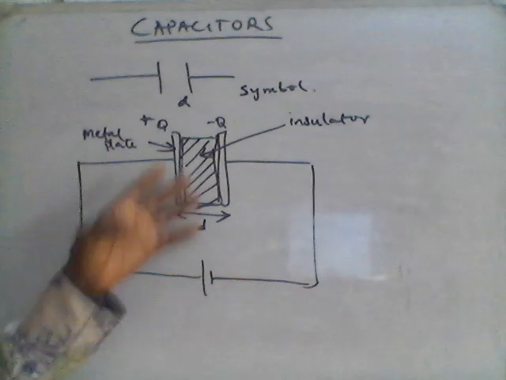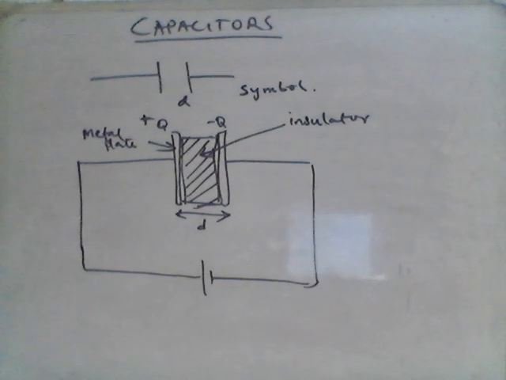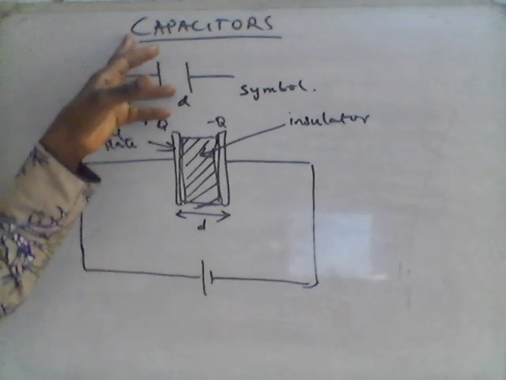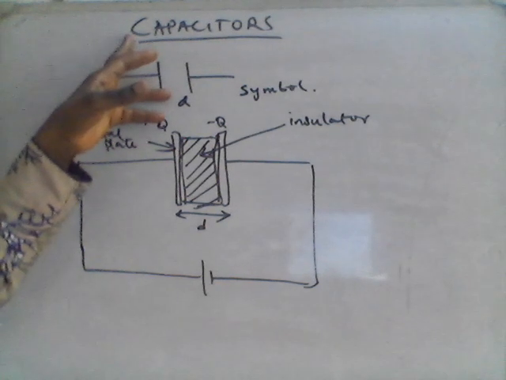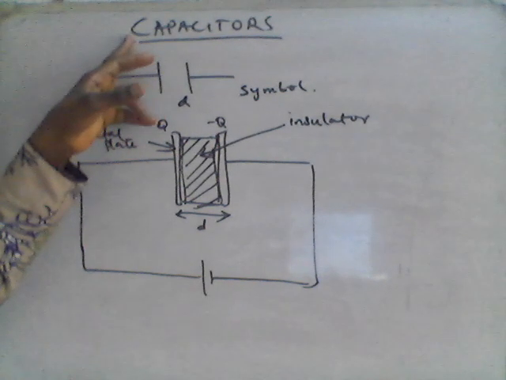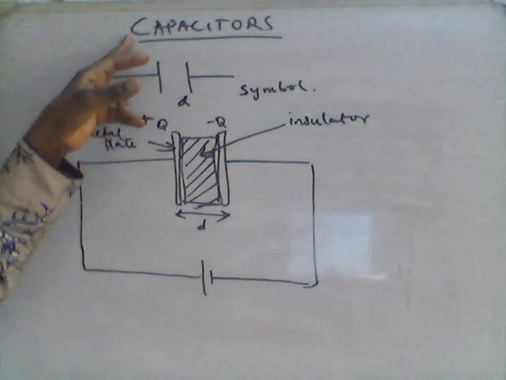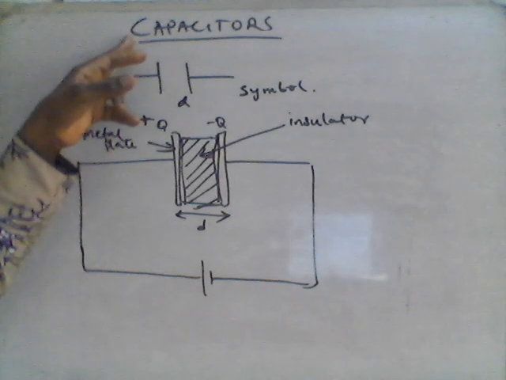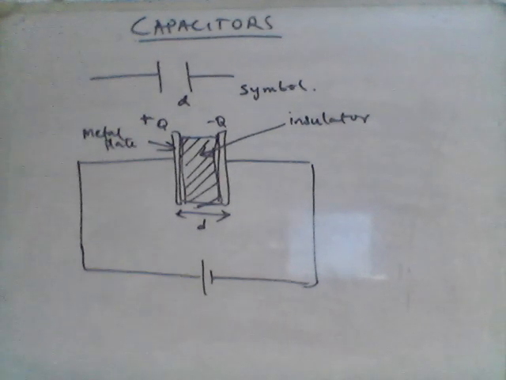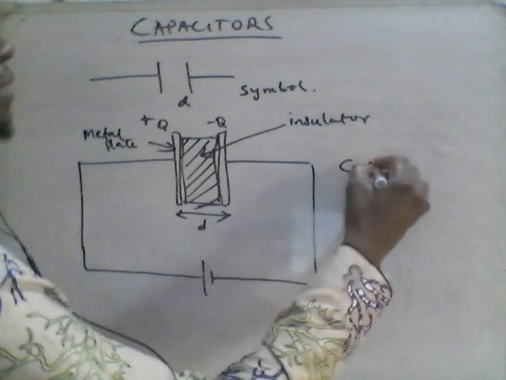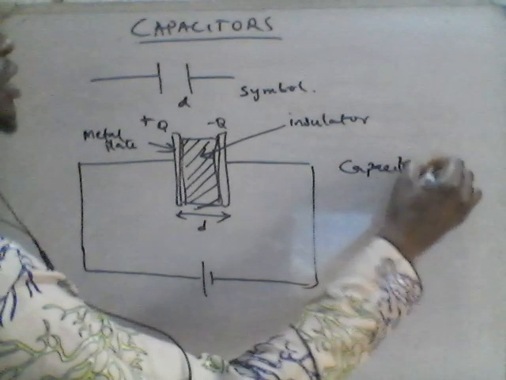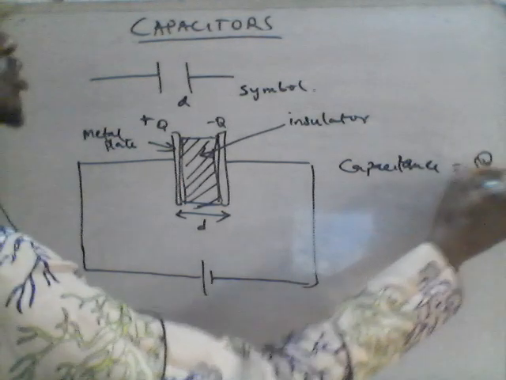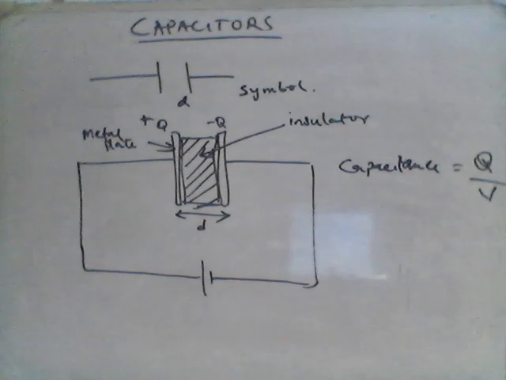Now there's a concept known as the capacitance of the capacitor. The capacitance of the capacitor is defined as the ratio between the charge Q on either plate or conductor to the potential difference. So capacitance is the ratio of the charge to the potential difference.